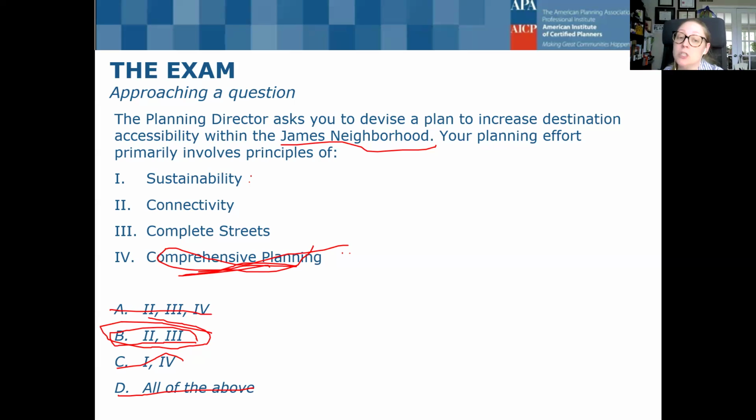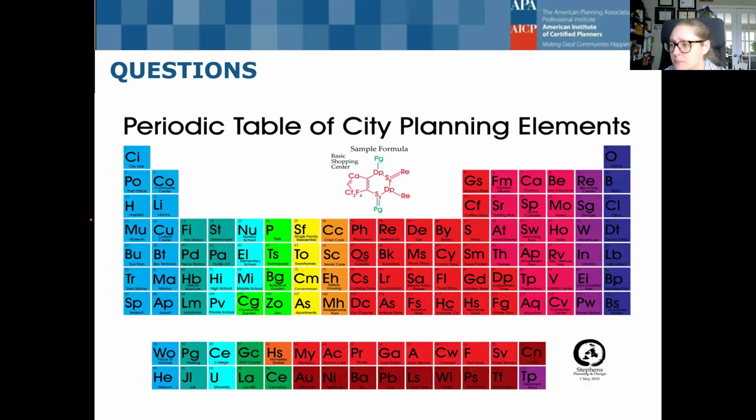And you could have said the same thing if you thought sustainability has nothing to do with that. So again, these are just some ways that you can approach those questions.